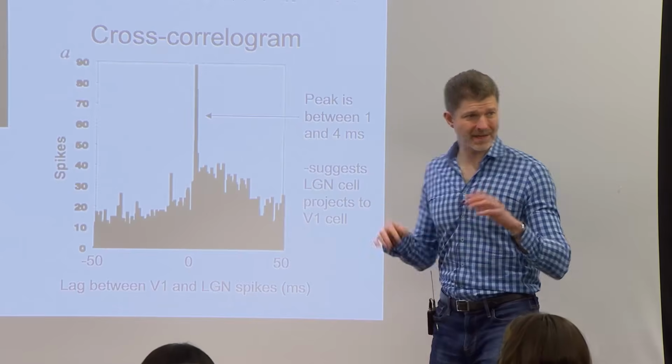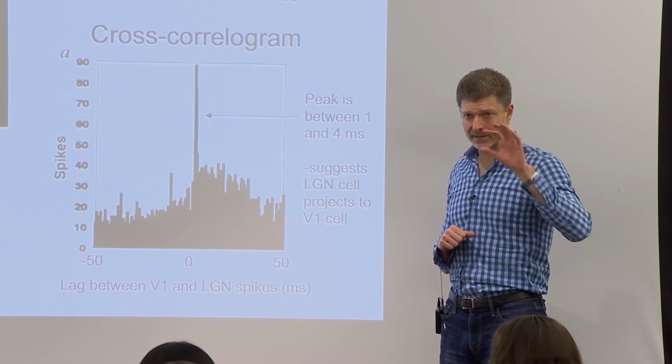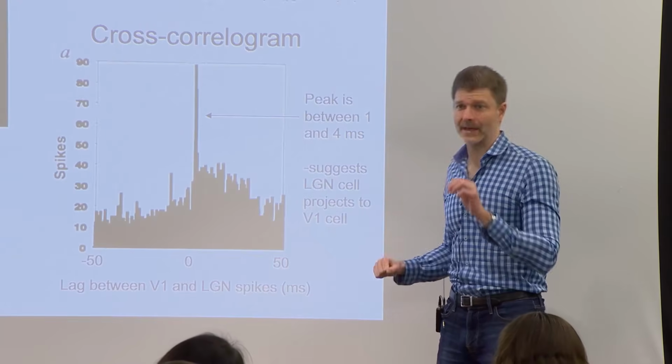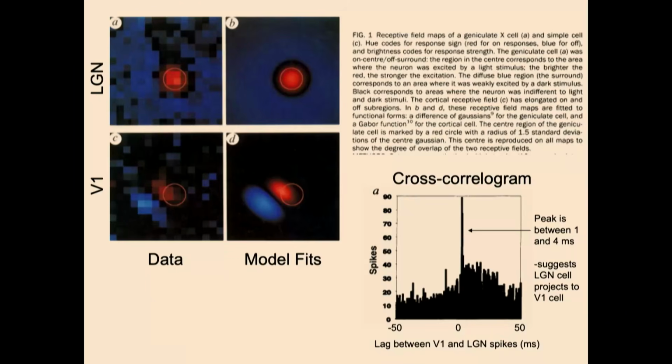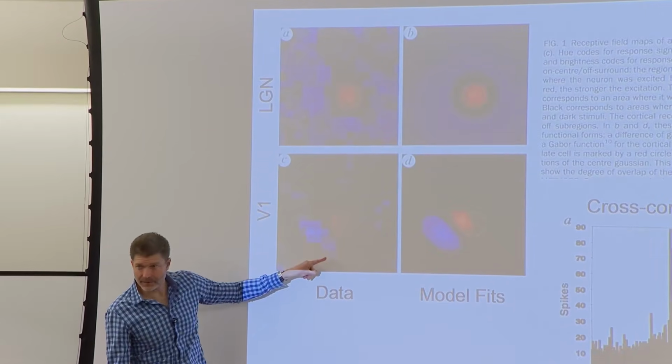So now the question is, can you explain the receptive field of the orientation selective neuron in terms of the receptive field of the cell that is providing input to it? The way that they addressed that was by asking whether the receptive field of the LGN neuron was appropriately positioned relative to the receptive field of the V1 neuron.